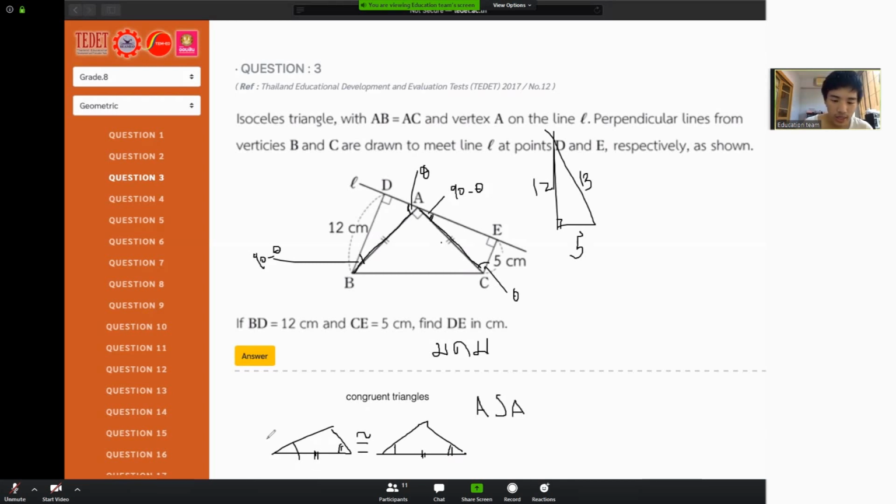One angle here is equal, this side is also equal, and this angle is equal. So from that we get that these two triangles are congruent. Now, as you said, this is 5, so this must be 5 because they're identical triangles, and that's 12, so that's 12. So now we have DE, which is DA plus AE, must be 17, because 5 and 12 together give you 17.